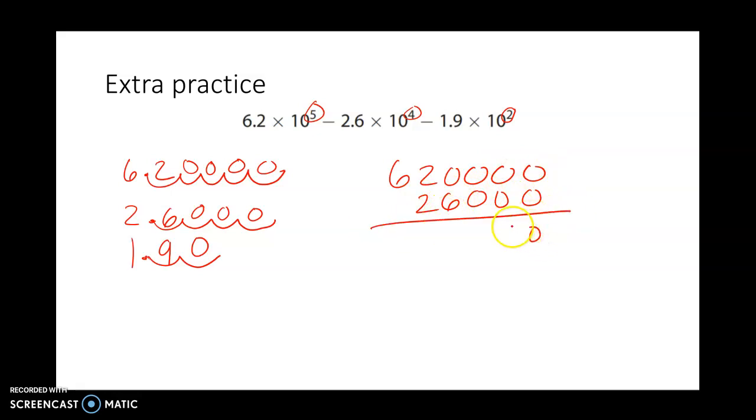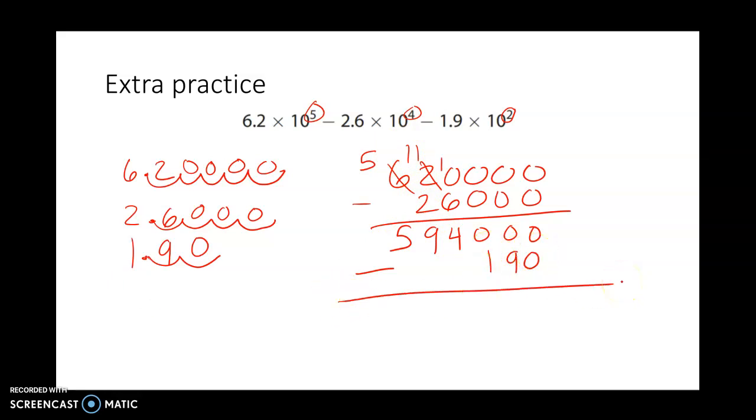26, 0, 0, 0. I can't take away 6 from 0, so I have to go borrow. 10 minus 6 is 4. I have to borrow again. 11 minus 2 is 9. 5. Last, we got a minus 190. Ooh, that one's not a fun one. We have to do a lot of borrowing. Borrow from the 4, turns to a 3. 9, 10. 10 minus 9 is 1. 9 minus 1 is 8.